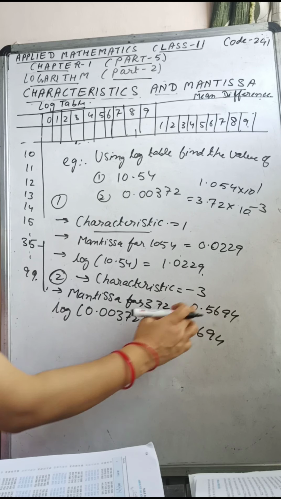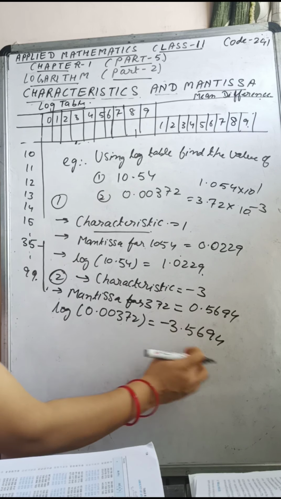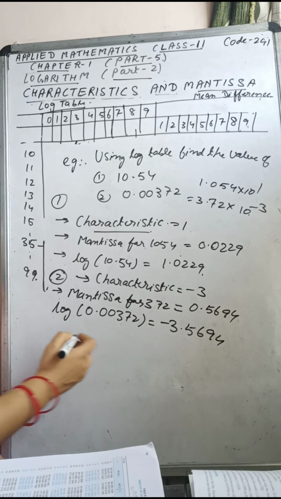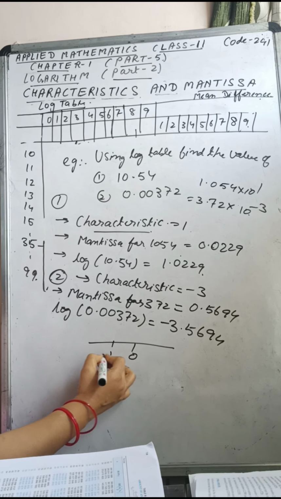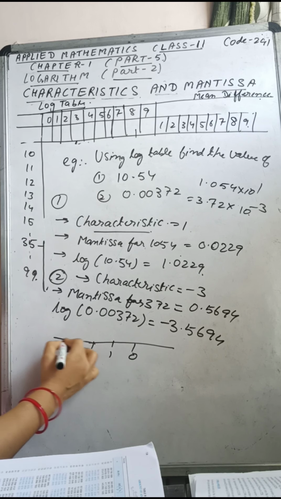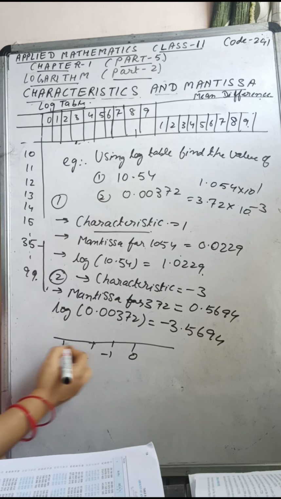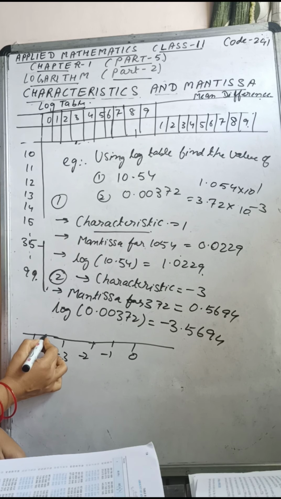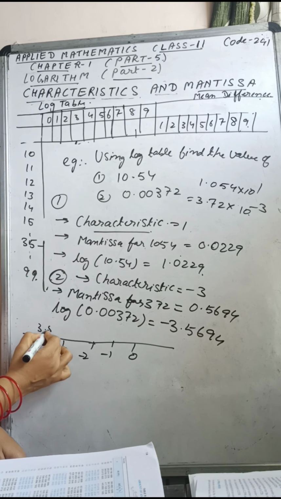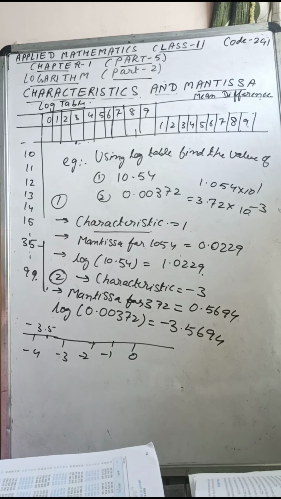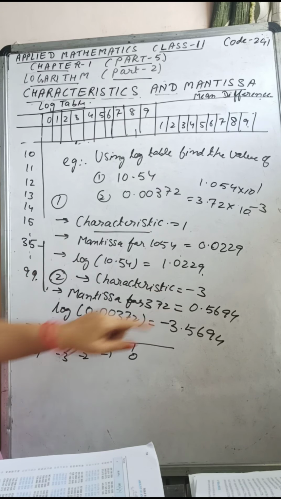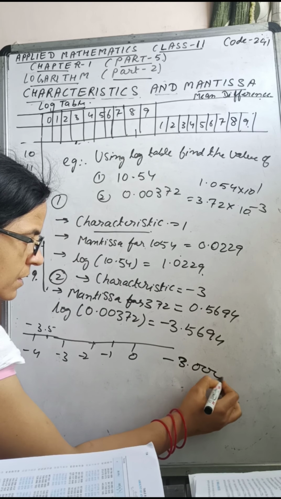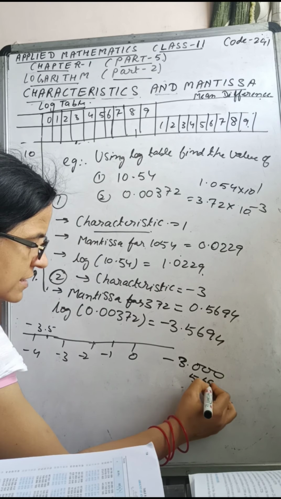But children, if I write minus 3.5694, it means the whole number is negative. But this number is actually the sum of minus 3 and plus 0.5694.